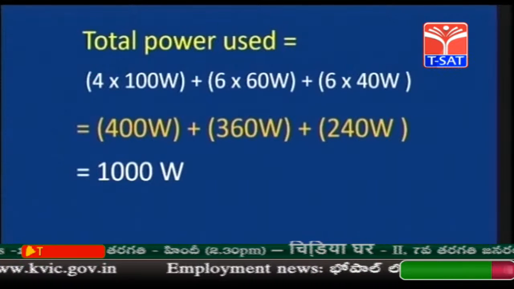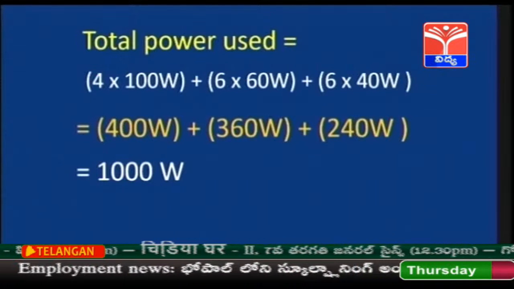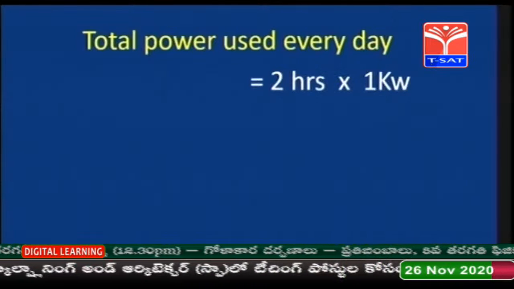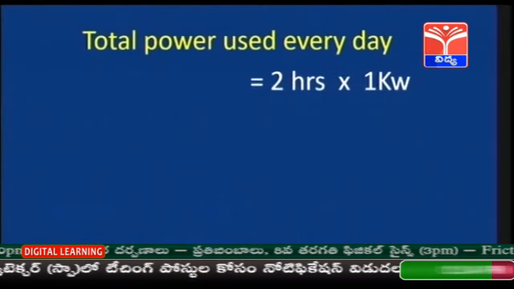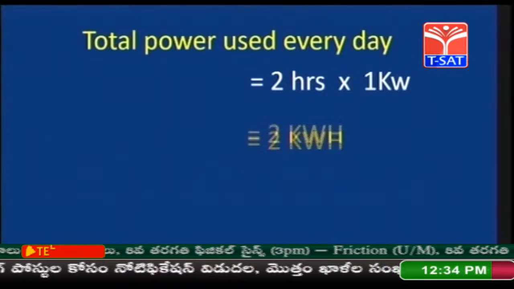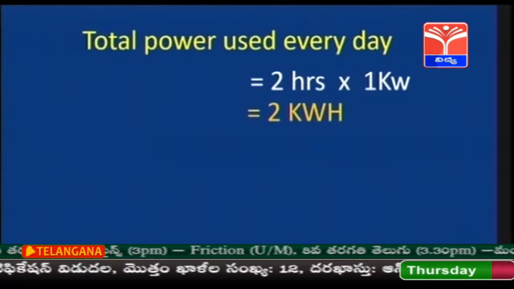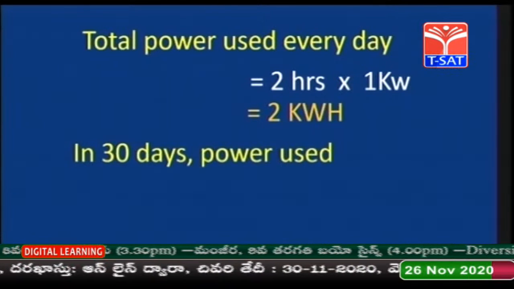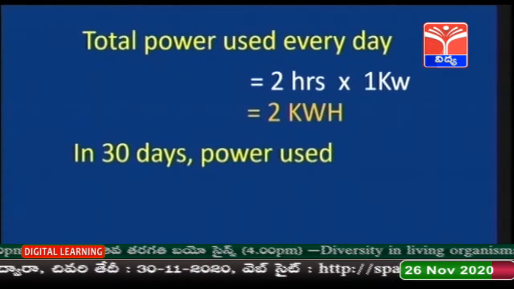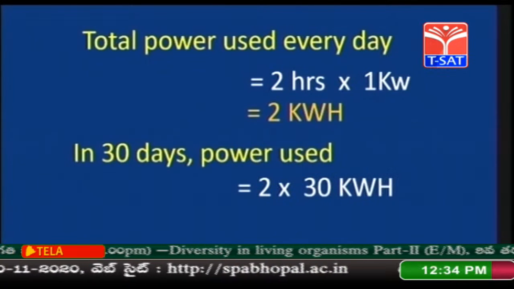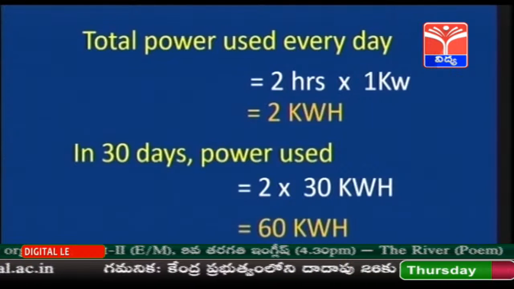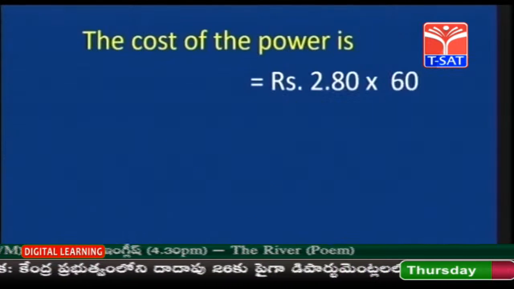How many hours did they use? They used for 2 hours. Total power used every day, 2 hours into 1 kilowatt, that is nothing but 2 kilowatt hours. In 30 days the power used is 30 multiplied by 2 kilowatt hours, that is 60 kilowatt hours.